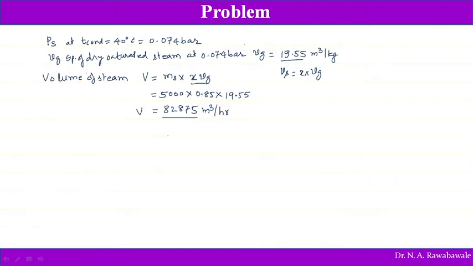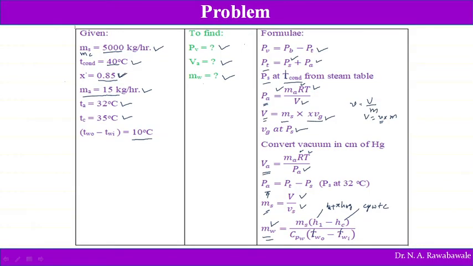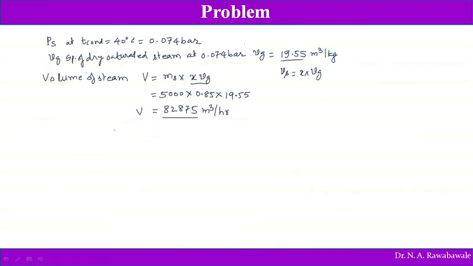So now the same volume is occupied by 15 kg of air. Say, for example, if we remove the steam and only air is kept in the condenser, then this complete volume is occupied by this 15 kg of air. As the mass of air entering this condenser is 15 kg, if we separate these two constituents, then the complete mass of air is going to occupy the condenser.